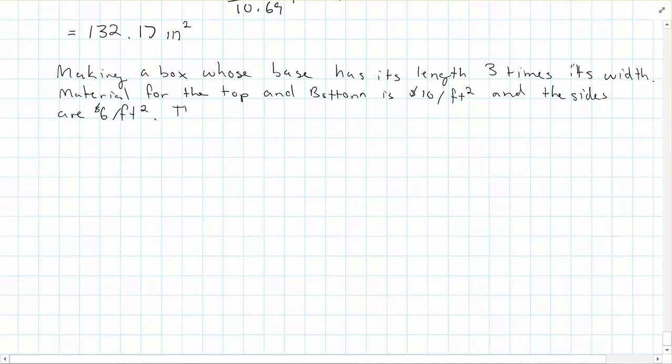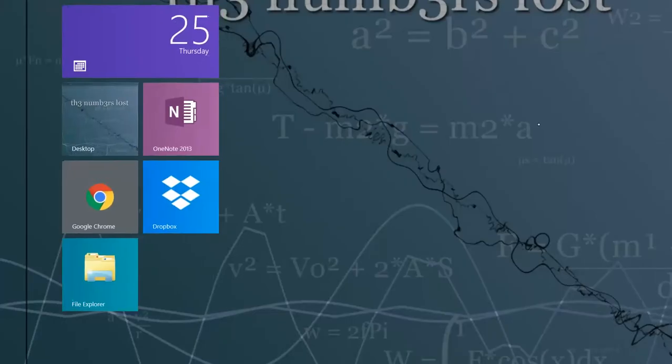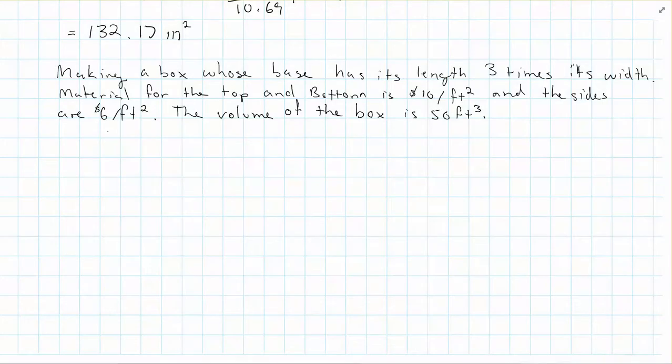The volume of the box is 50 cubic feet. Find the dimensions that will minimize cost.